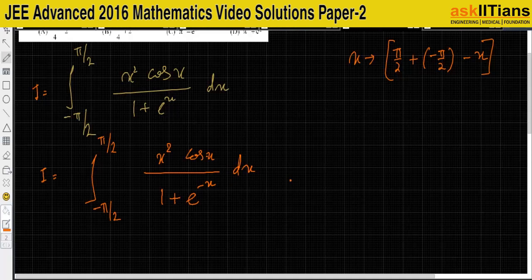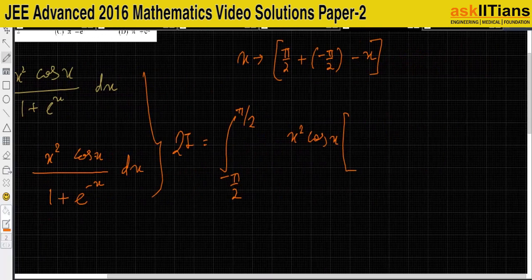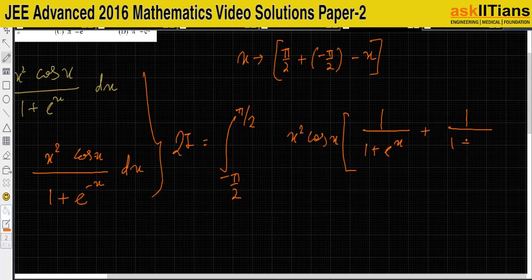Now if I add these two equations, I'll get 2I equal to minus pi by 2 to pi by 2, and x square cos x will come out common, and what I'll get here is 1 by 1 plus e power x plus 1 by 1 plus e power minus x.